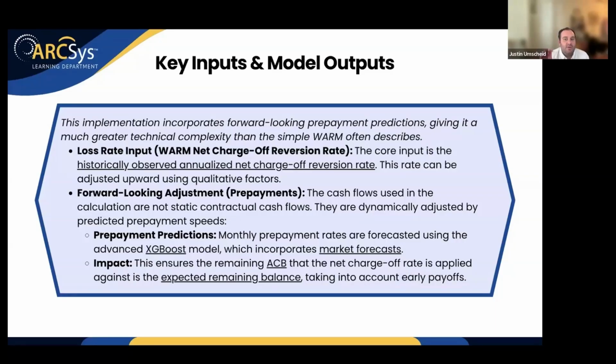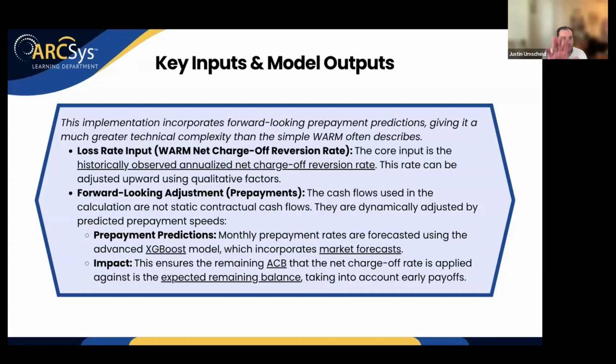So you do have a greater reliance on qualitative factors, and specifically economic conditions and expectations, in a WARM model versus the discounted cash flow or the PD models we were looking at earlier, right? Those models build in projected charge-offs, prepayments, defaults, whatever the dependent variable is, based off of what your economic forecasts look like. A WARM model doesn't do that. It does not build in expectations of charge-offs. It's strictly looking at your historical averages.